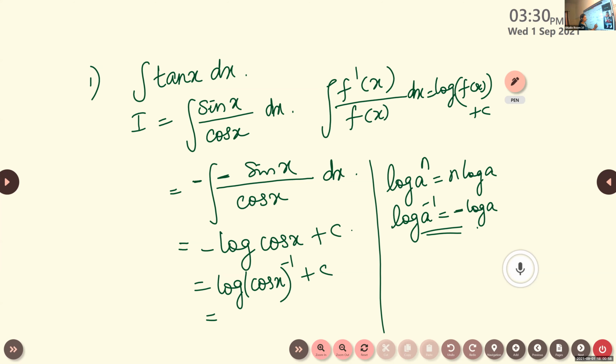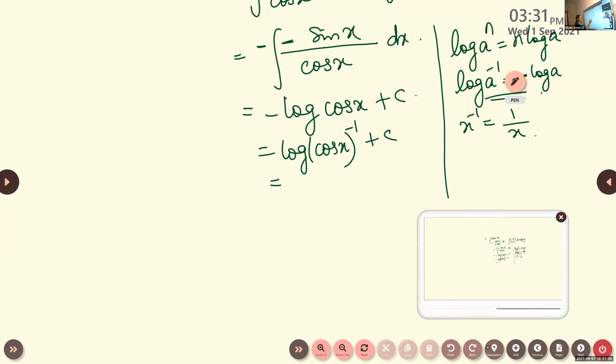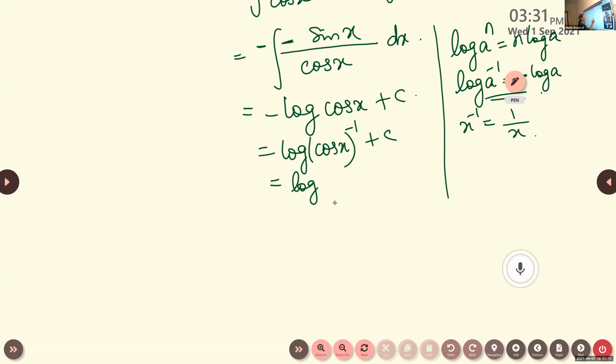So what is x raised to minus 1? X raised to minus 1 means it is 1 by cos x. So here, log cos x raised to minus 1 means it will become log 1 by cos x plus c. Now what is 1 by cos? It is sec x plus c.